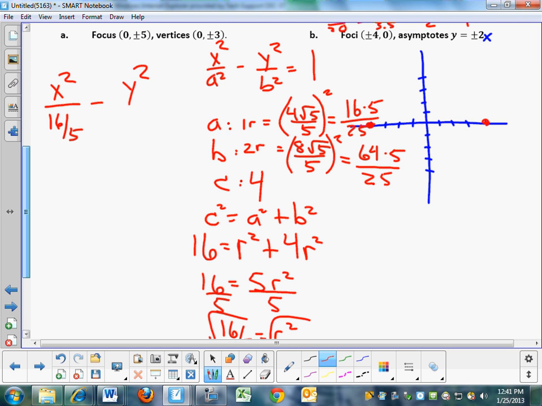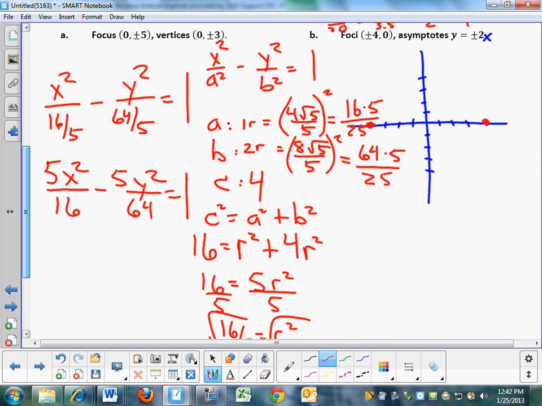So I have y squared over 64 over 5. Can you leave a fraction in a denominator like that? No, that's a complex fraction. So this is the last step. Instead of dividing by 16 over 5, I should multiply by 5 over 16. So what this actually is, 5x squared over 16 minus 5y squared over 64 equals 1.